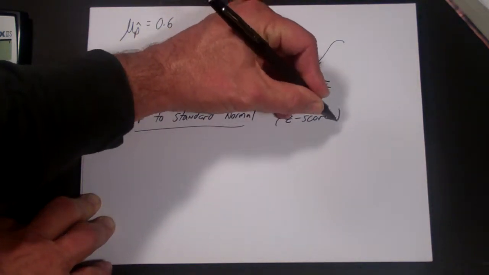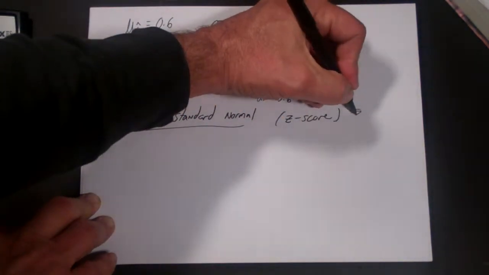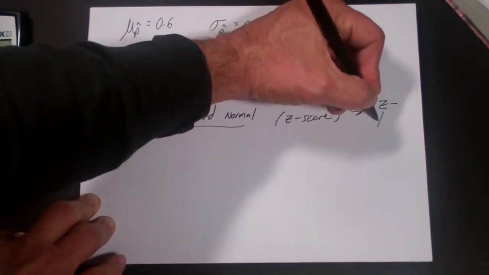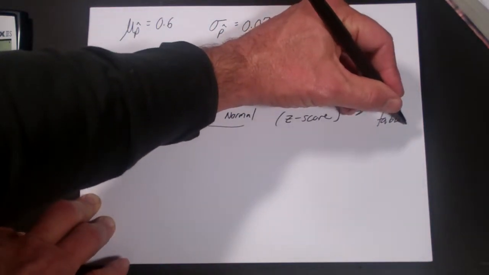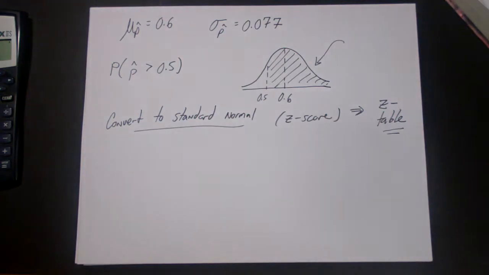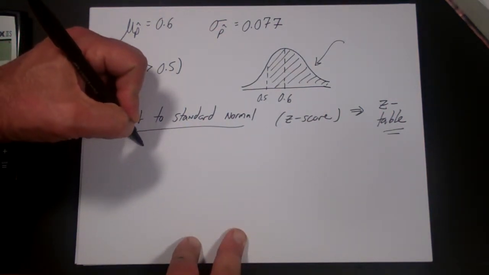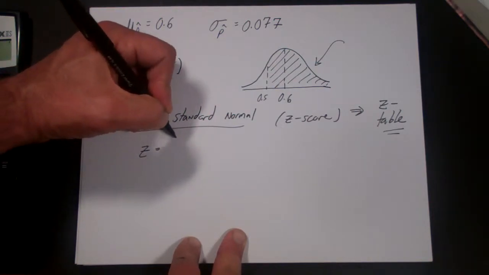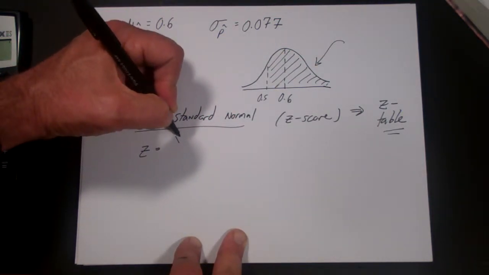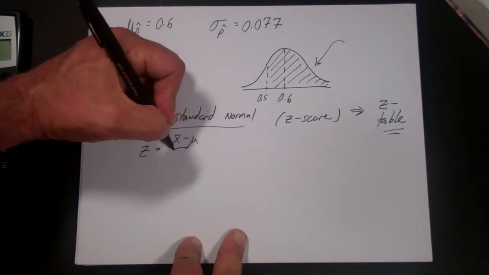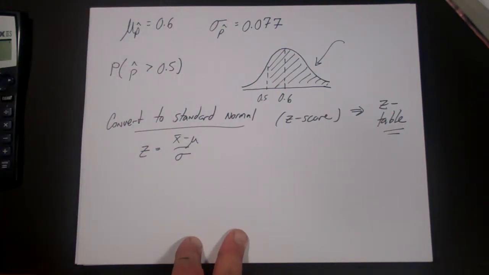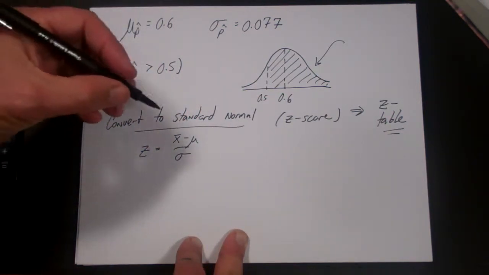And here the z-score is going to allow us to use a z-table, which is in the back of almost every statistics book. Now, to convert to a standard normal, the basic formula is z is equal to x bar minus mu over sigma. So we just have to think about how that converts to p's.